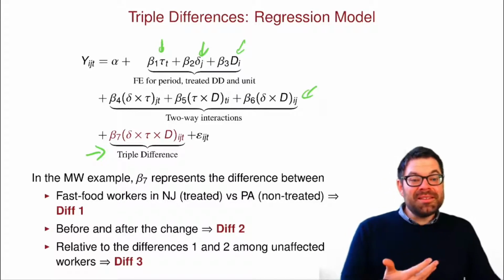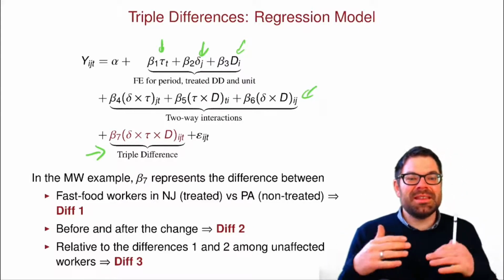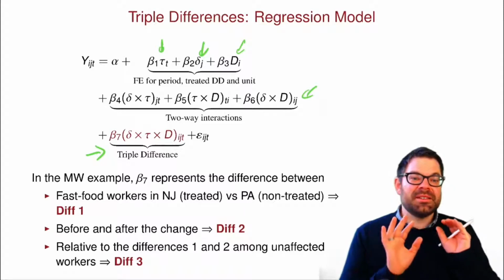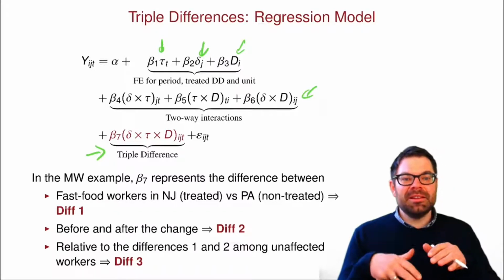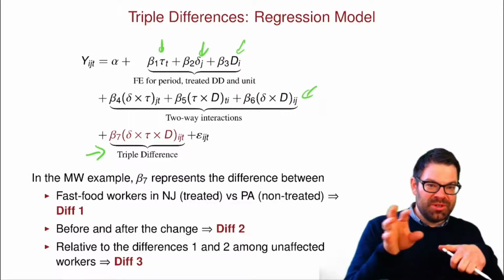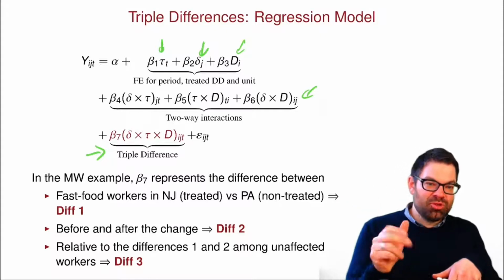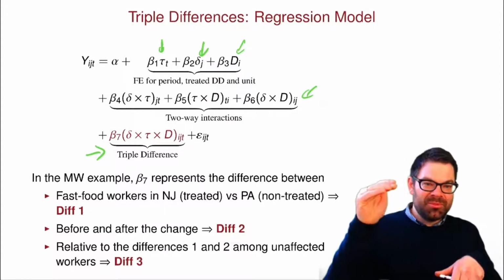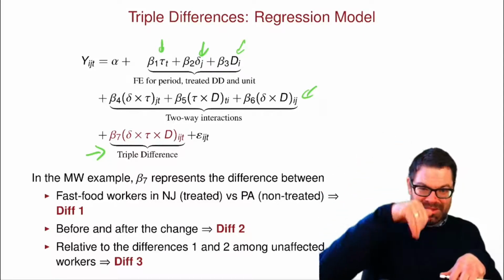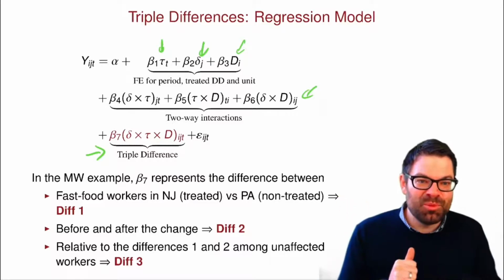Now you can already see by me listing those differences, it's getting harder to interpret, which is why you always have to exercise caution when using triple differences. And typically the way people do it is they first show the double differences and then they say, okay, you may be worried about state-specific shocks. There may be some violation of parallel trends because employment in New Jersey dropped by a lot more and would have dropped even without the minimum wage.